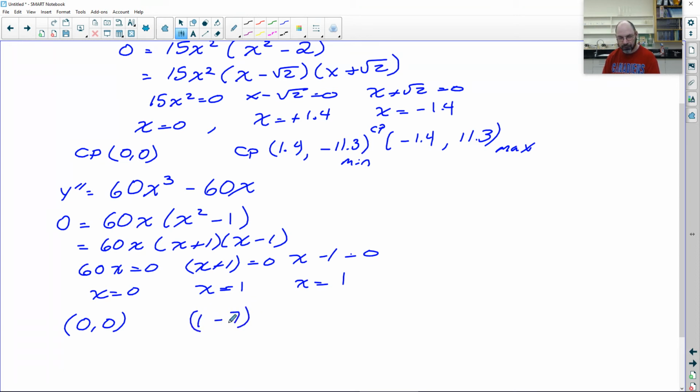Sorry, let me do this correctly here. So that's 1 and negative 7. And then we have negative 1. If we put negative 1 in there, we get negative 3 plus 10, which would be 7. So these are IPs.